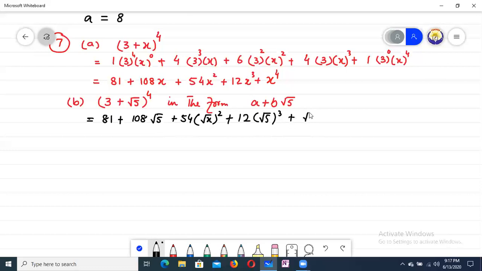Then x raised to the power 4, x is square root of 5 raised to the power 4 as it is.